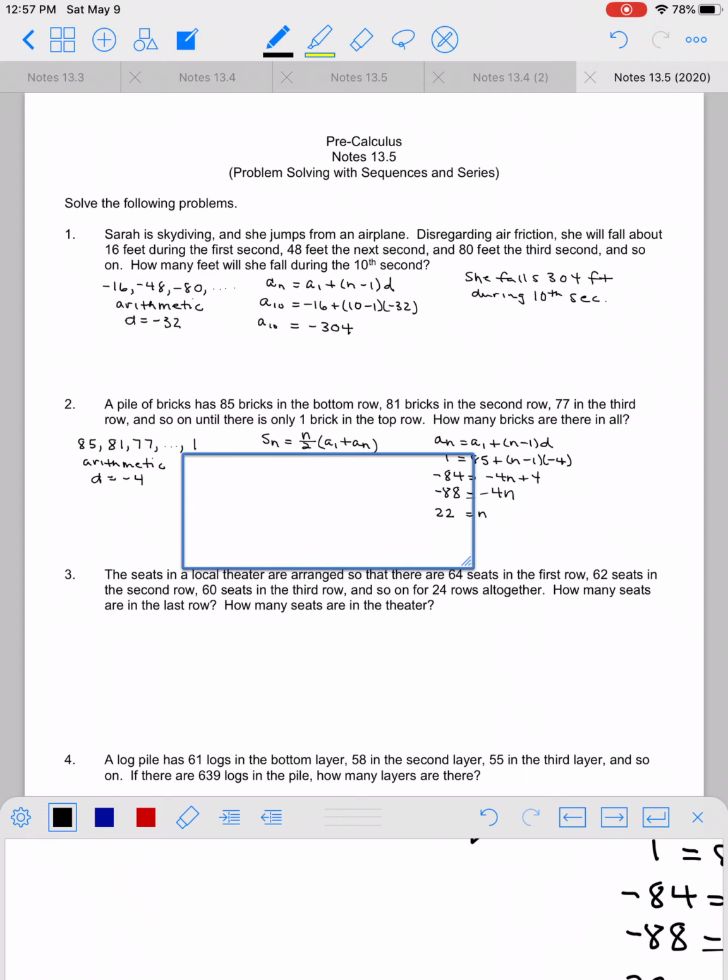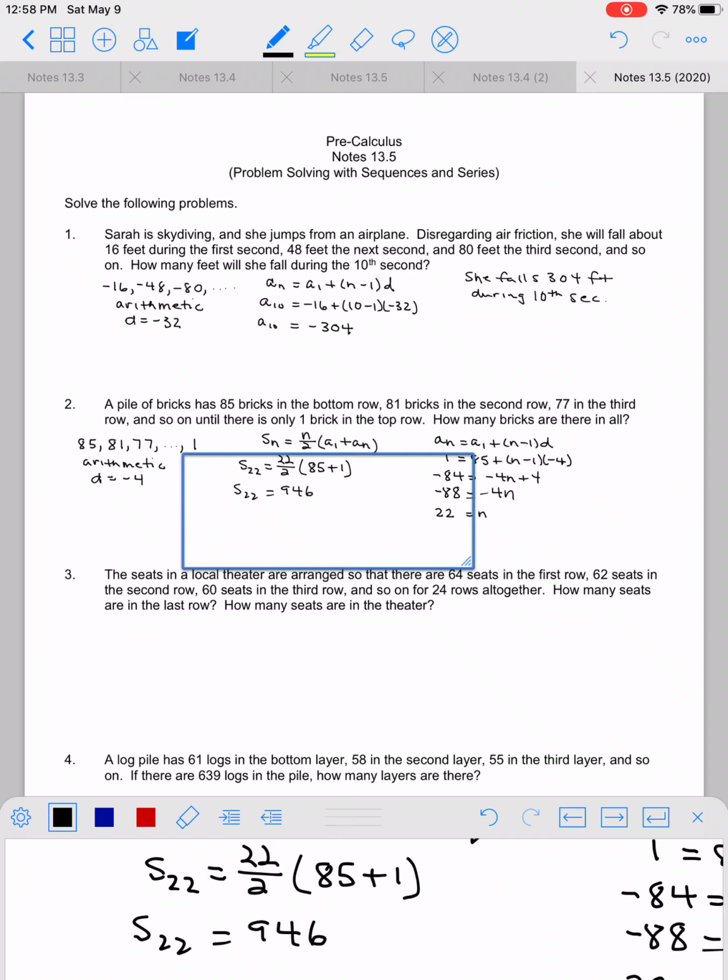Now I want the sum of the 22 rows. So 22 over 2, my first term was 85, my last term was 1. Then we throw that in the calculator and we get 946.